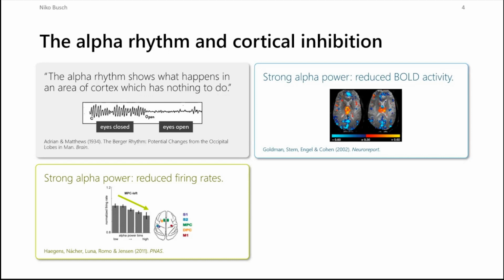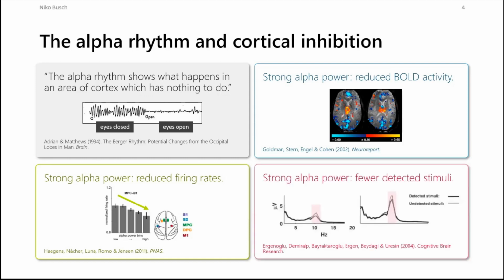And finally, many studies have shown that this suppression of neuronal excitability somehow has consequences for perception. This is one of the first studies showing that. This is a power spectrum. And if you don't know what that means, never mind.